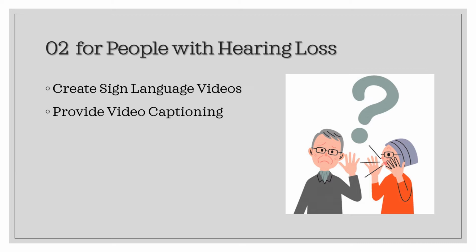So it is crucial to create an environment for them, like creating sign language videos or providing video captions. An example of providing video captioning is YouTube. YouTube has automatic captions that you can use.